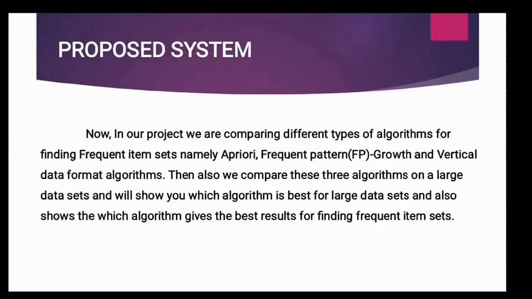Coming to the proposed system, in our project we are comparing different types of algorithms for finding frequent item sets, namely the Apriori algorithm, the frequent pattern growth algorithm, and the vertical data format algorithm. We also compare these three algorithms on large data sets, and will show which algorithm is best for large data sets and which gives the best result for finding frequent item sets.